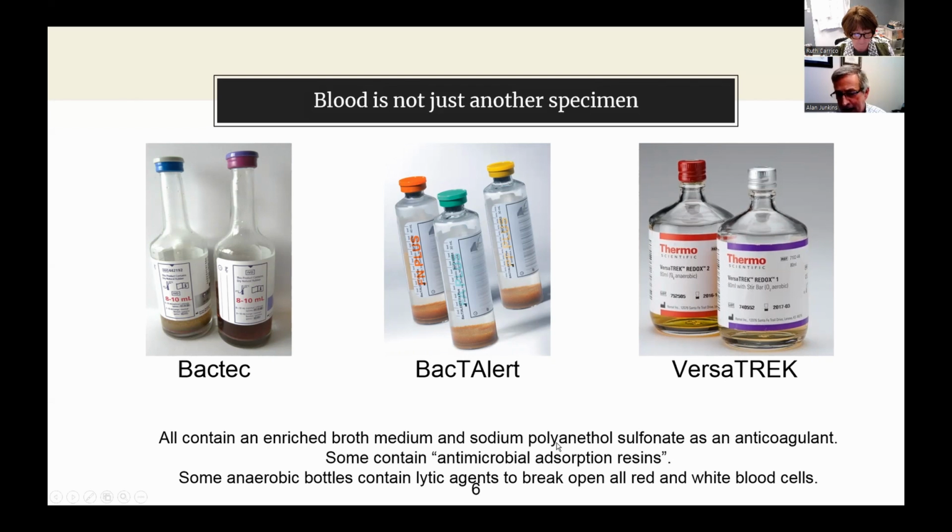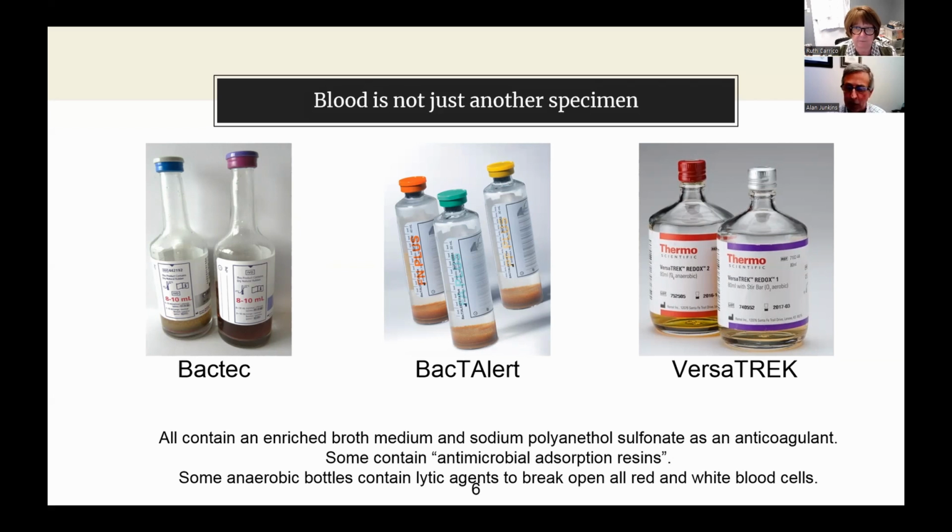They all contain sodium polyanethol sulfonate, or SPS. That's the anticoagulant, and it has been chosen for blood cultures because it is the anticoagulant that is least toxic to bacteria. But I do say least toxic. It is still toxic to some organisms, so some bugs are not going to like it very well.